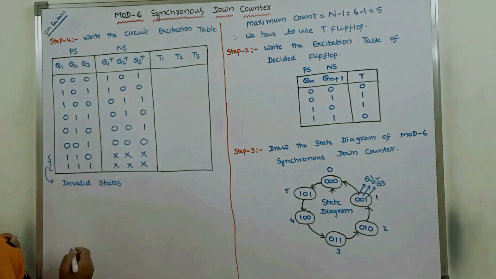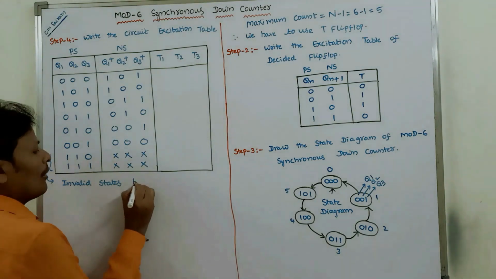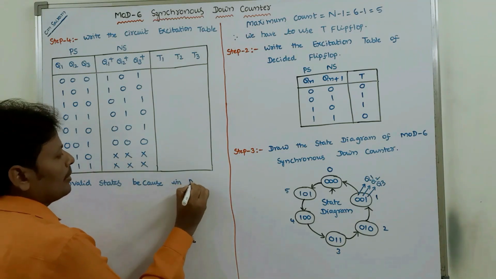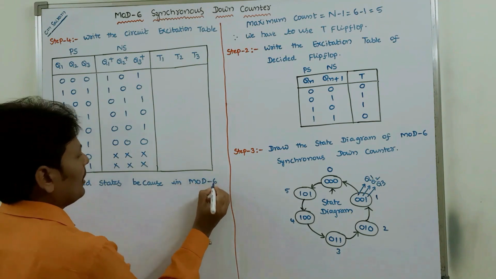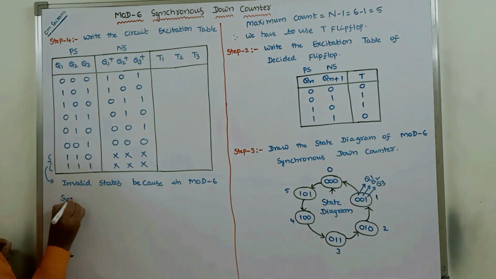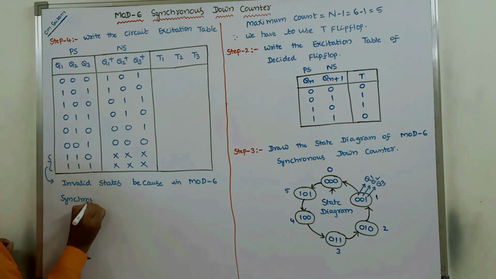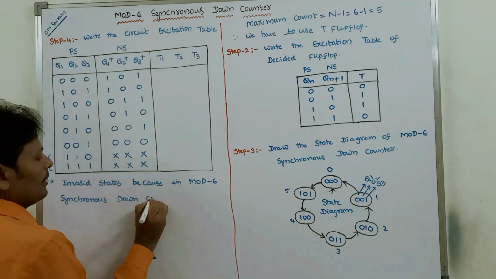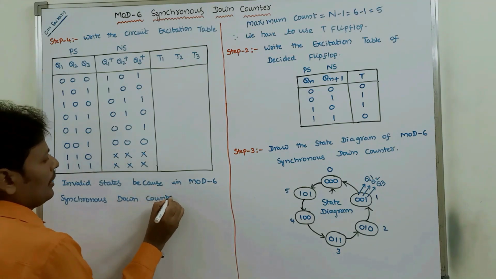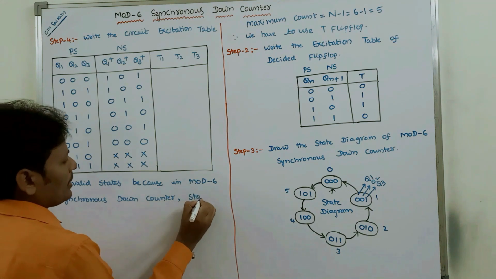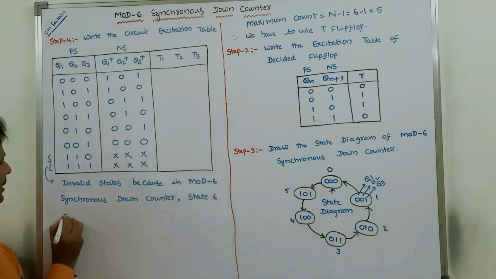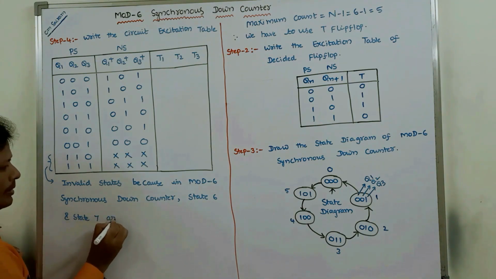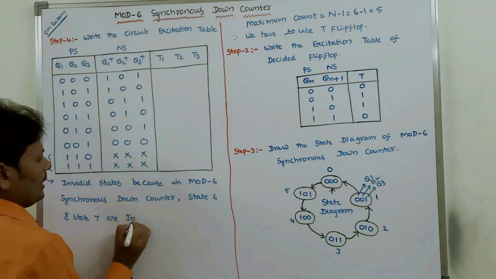Okay, invalid state because in mod 6 synchronous down counter, state 6 and state 7 are invalid states.